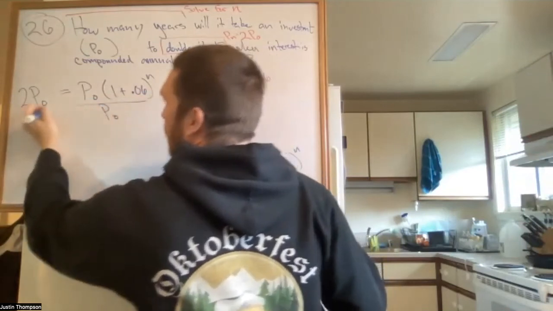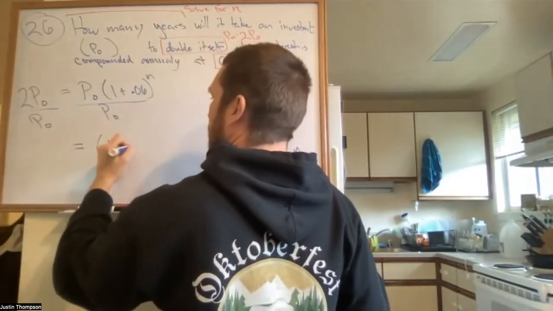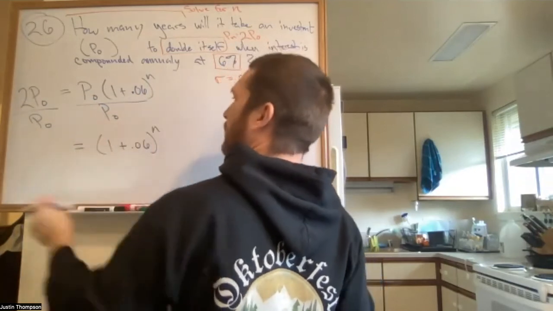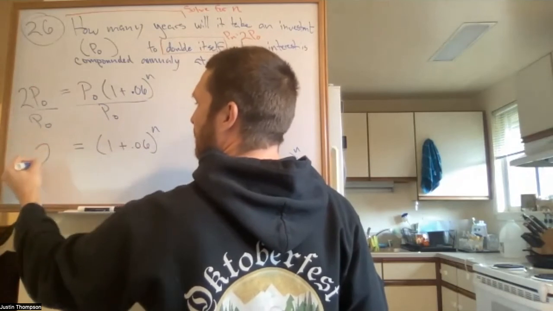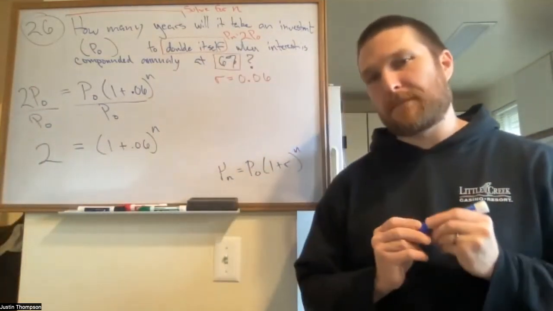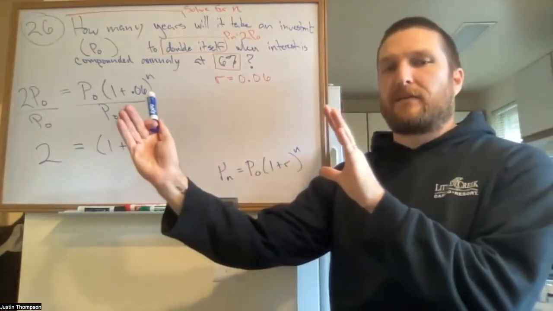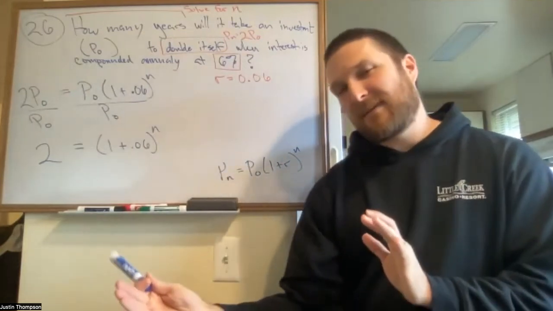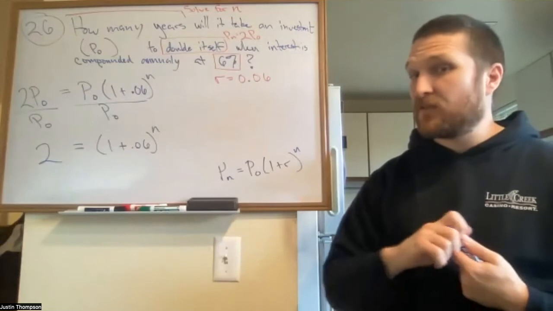And look at that, P0 cancels out and we get a big fat 2, which is exactly what we got last time. Because last time we had 2,000 divided by 1,000, it turned out to be 2. This time we just get 2.